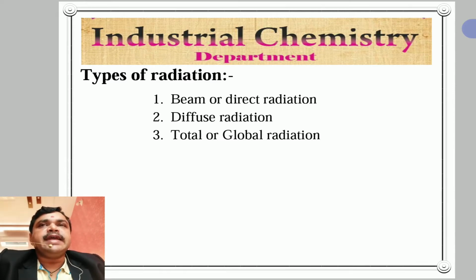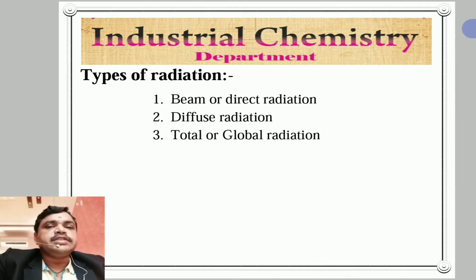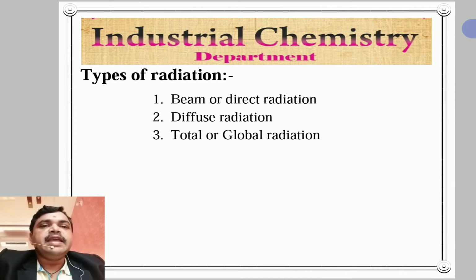Beam or direct radiation: solar radiation received at the Earth's surface without any change in direction is called beam or direct radiation. In this radiation, a change in direction is not permitted.